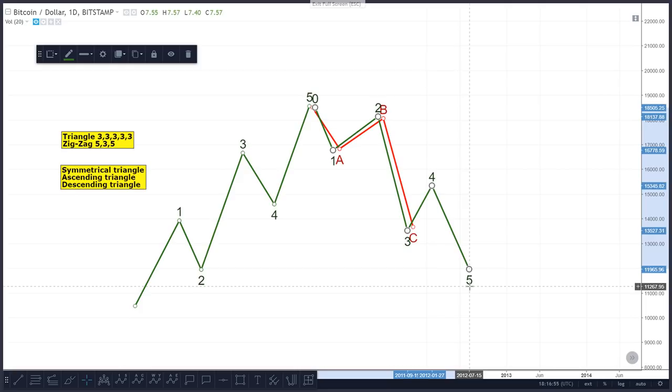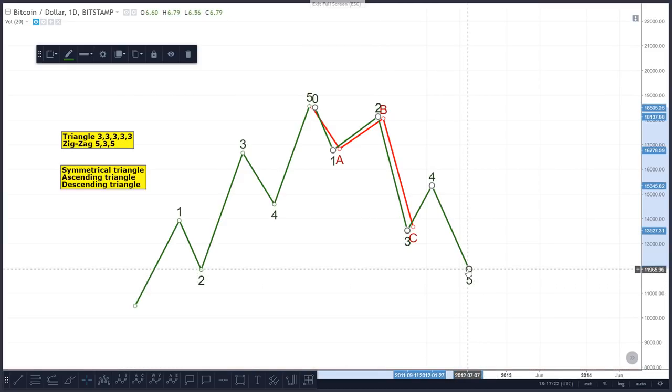Because zigzags look like the start of impulsive waves up until this point here, it's hard to distinguish whether you've got a new trend coming down or whether it was the end of a correction and we're going to see a new impulse wave coming up from here. But if you see a large extension of wave C in relation to wave A, you have to wonder, is it just a new impulsive wave coming down further?